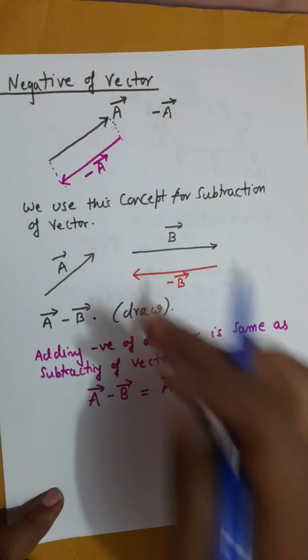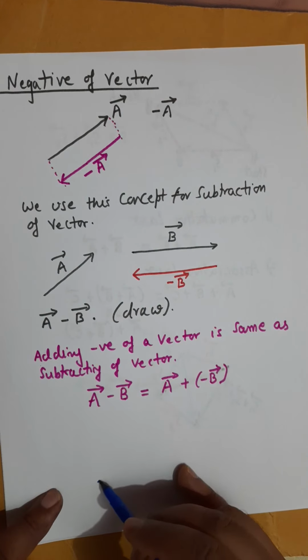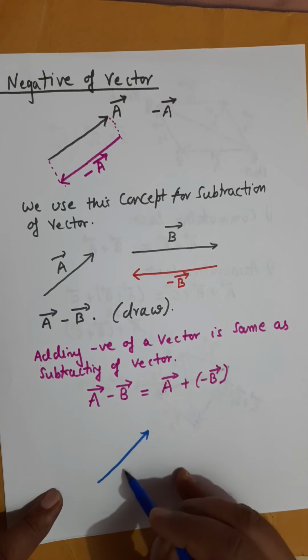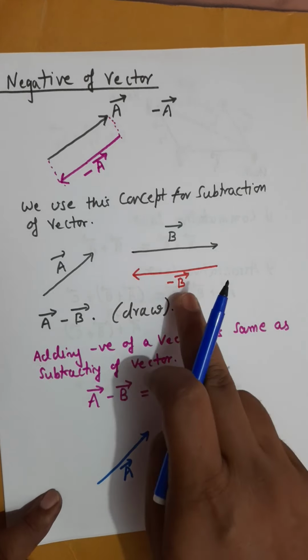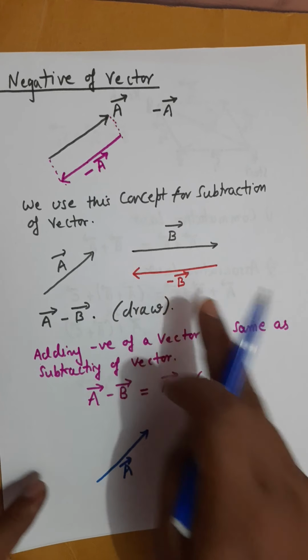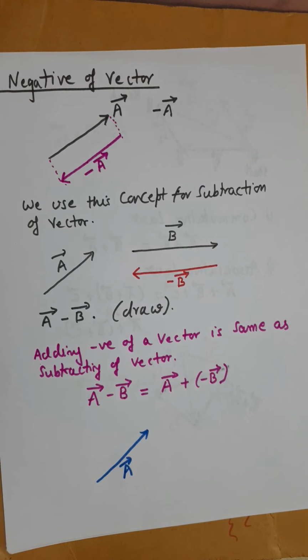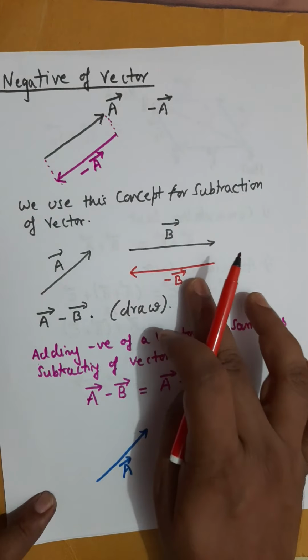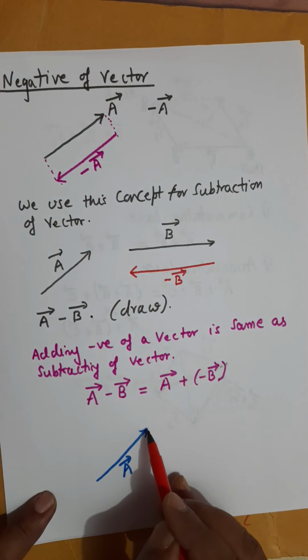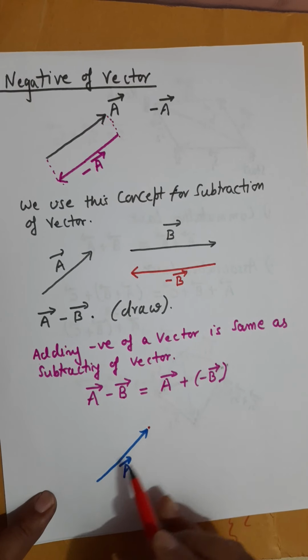You first draw a vector. You construct a vector, and now remember, we have to add this minus b vector. So I will use the same color for minus b. Remember, minus b will be added on the head of a vector.